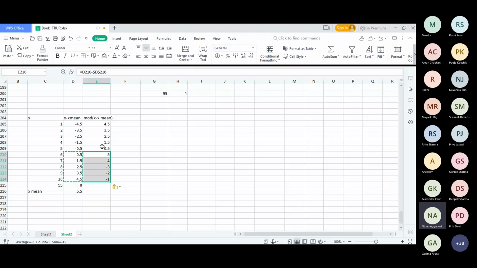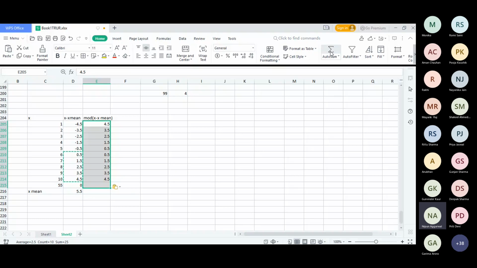Positive numbers remain positive, and negative numbers become positive by applying the mod operation. Then these are the individual variations, all positive now.